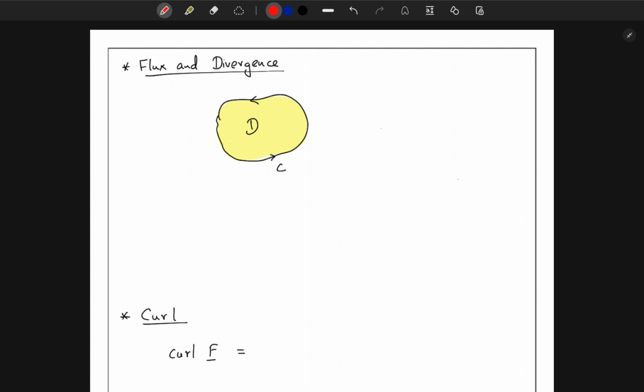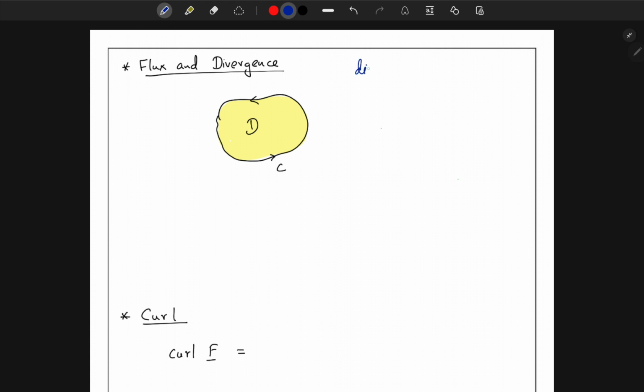Now if you remember, divergence measures the rate of fluid flowing out from a point, and flux measures the amount of fluid flowing out through a curve. So they are definitely related.